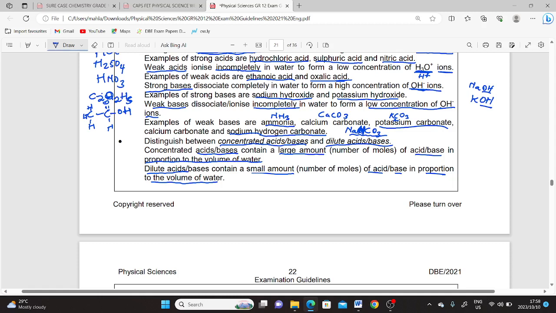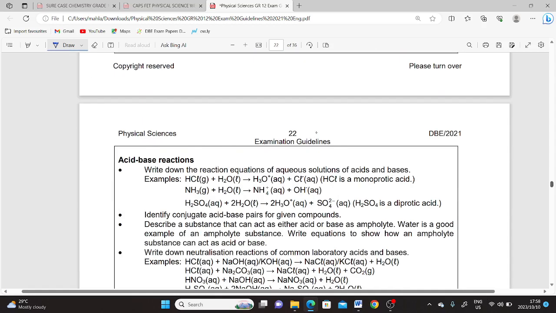We define them separately because there is a dilute acid and a dilute base, but the key is that it contains a small amount of that substance in proportion to the volume of water. That is the difference between concentrated and dilute acids and bases.